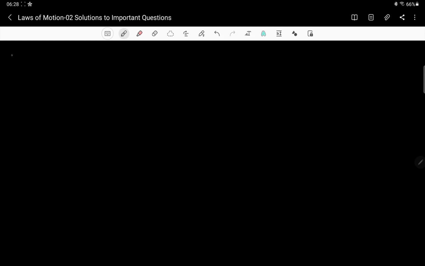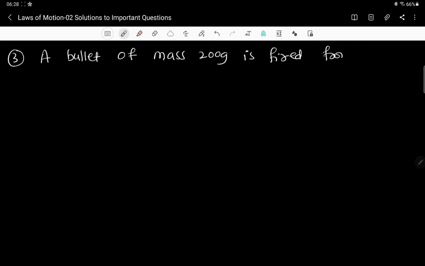All right, so let us look into the third question. What is this third question? A bullet of mass 200 gram is fired from a gun of mass 5 kg.